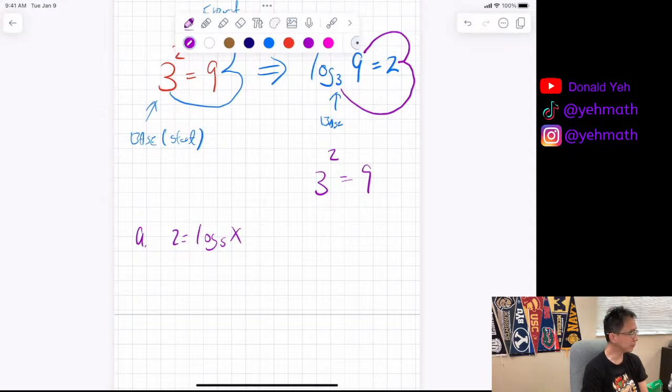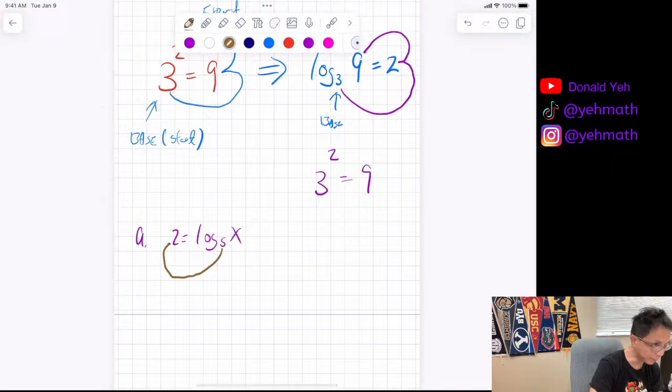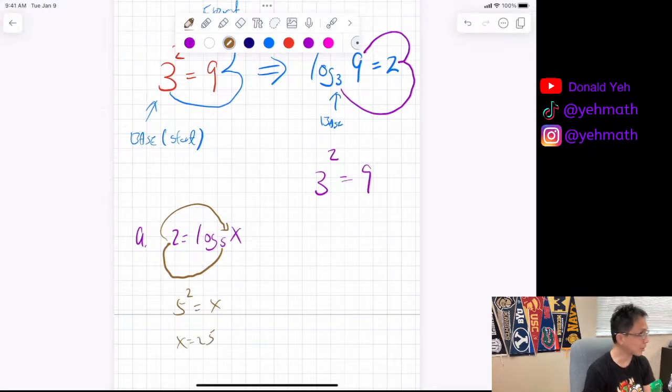Start with the base. Where's the base? 5. Right? And you draw all the way across to the other side. So it'll be 5 to the second power is equal to x. So x is equal to 25. I just evaluated x.